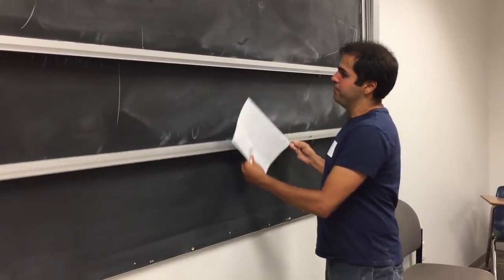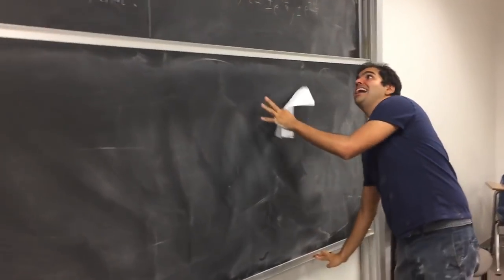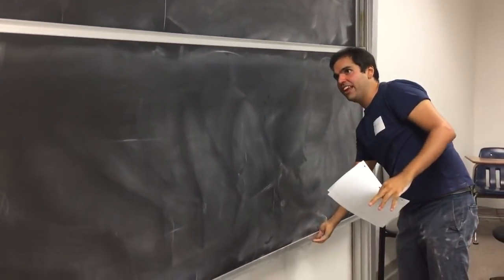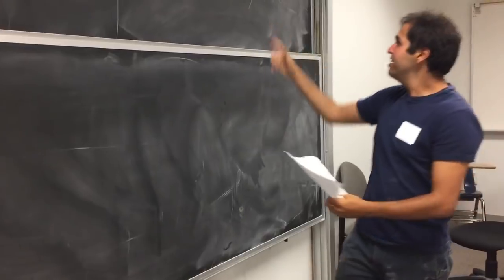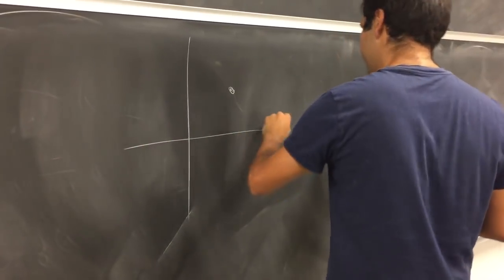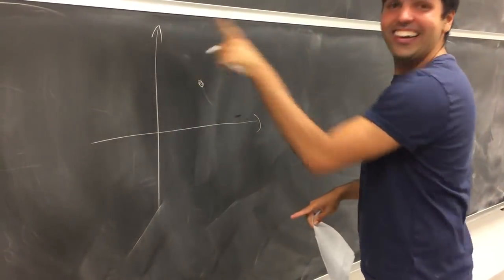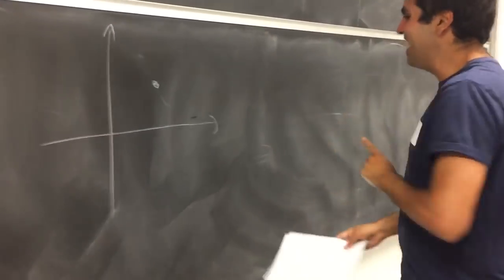The point is, this function has precisely 4 singularities, and they're nicely arranged on a square. So if you like, this is the complex plane.